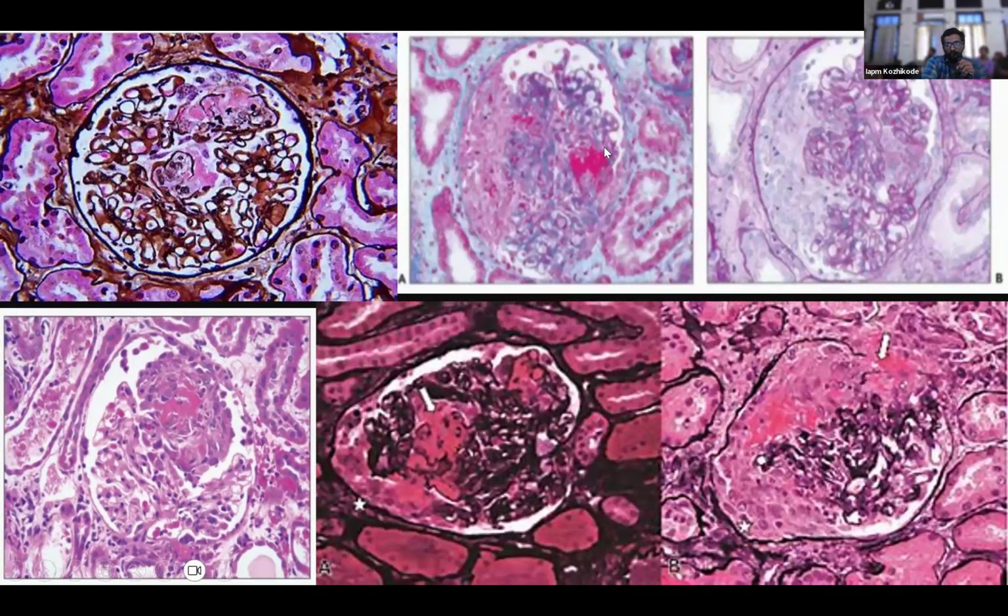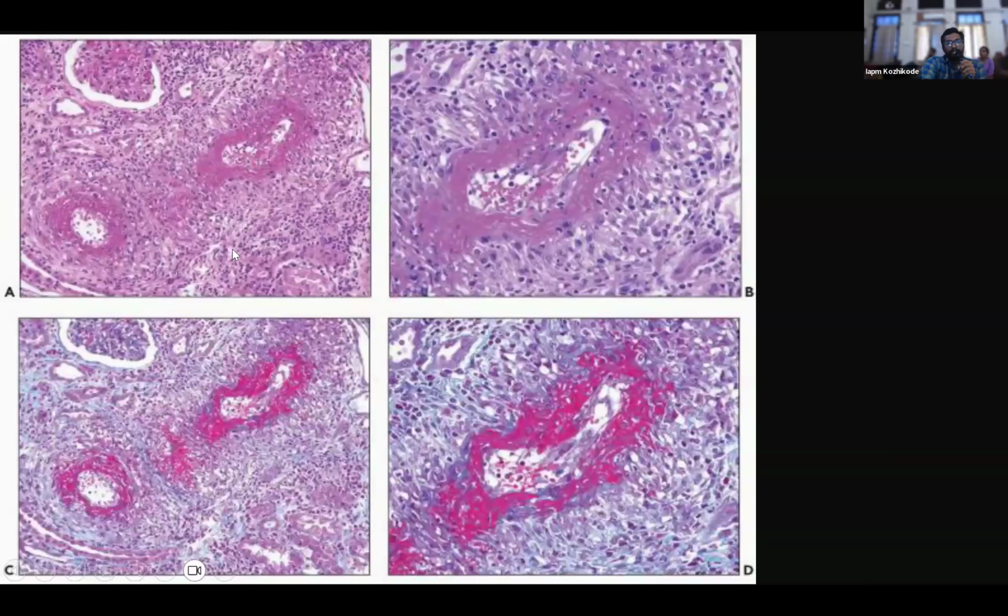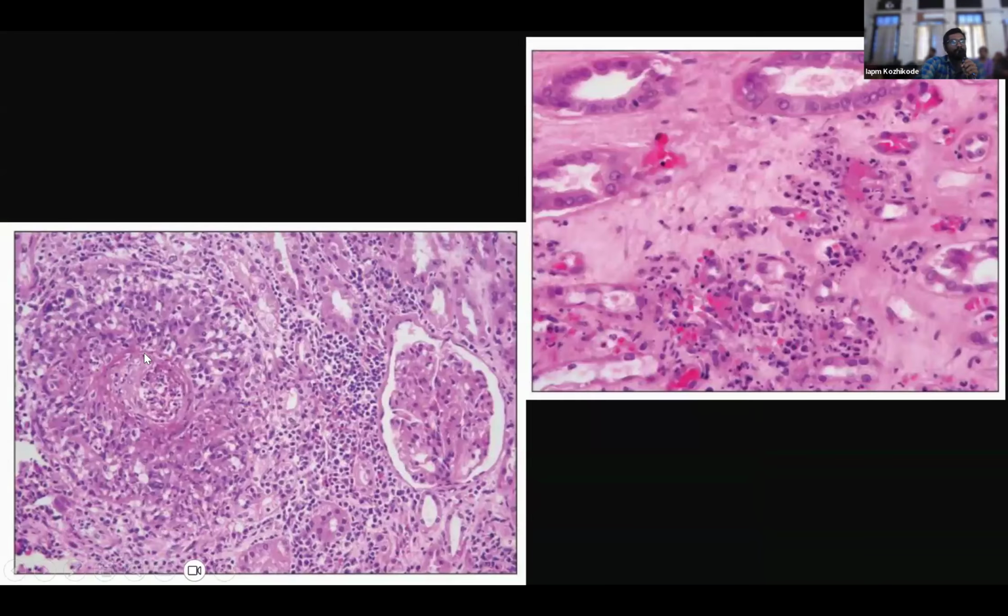Also in anti-GBM you can get necrotizing glomerulonephritis, the same picture. In these cases you may also have evidence of vasculitis, both in anti-GBM and ANCA, including in the interstitium. Sometimes you may get granulomatous vasculitis in ANCA-associated lesions, called medullary angiitis.